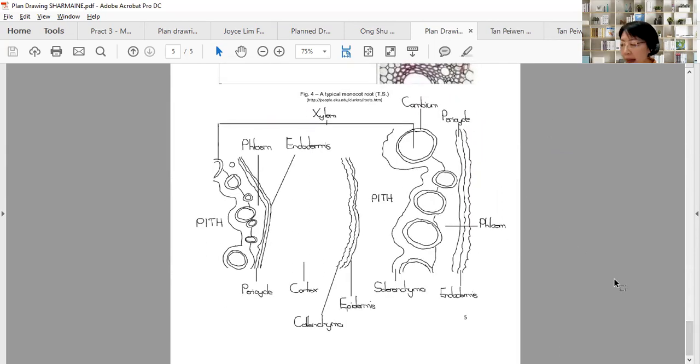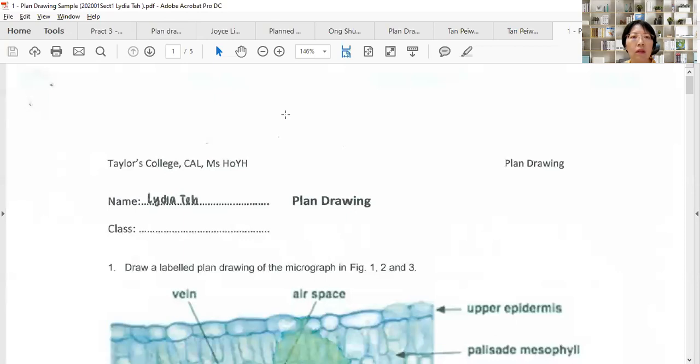Okay? So I have a sample answer that I will post for you to check your answer. Let me check. I'll show you now if I can take it out. So this is a plan drawing sample. I've got 2 samples. This drawing is quite good.